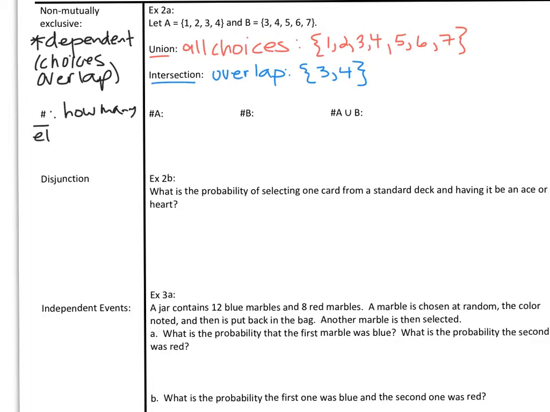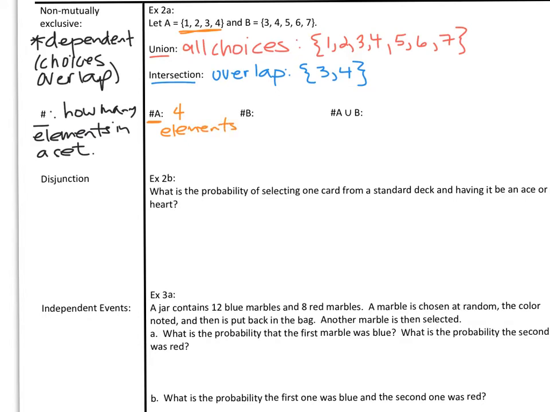So how many elements in a set? We don't actually list them out, we just say how many there are. I know that sounds kind of interesting, we'll see. It says number symbol A. How many elements are in that set A? There are 4 elements. Notice we don't list out 1 through 4, we just say how many there are.